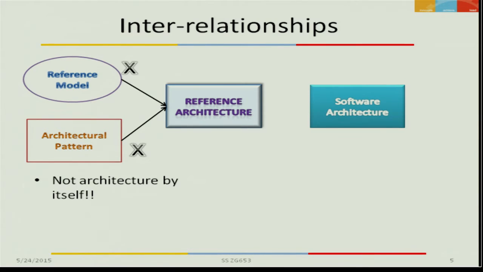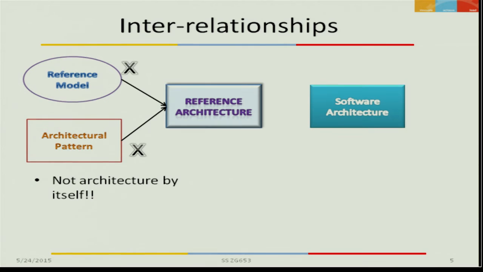So if you are to implement, let us say, suppose you want to build a mobile commerce platform, you will find an example of such a reference architecture, that tells what are the essential components of a mobile commerce application.